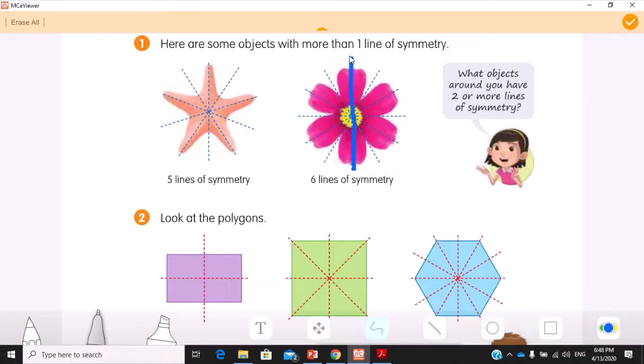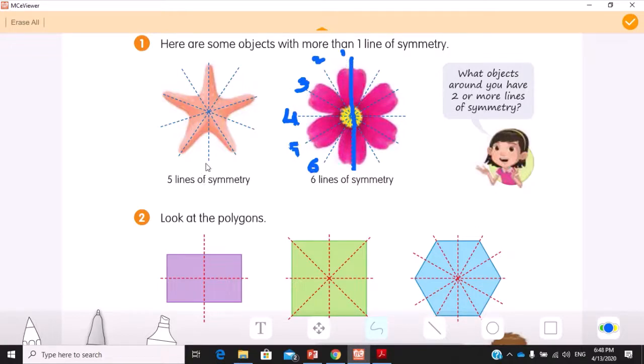Let's take a look. I made 1, 2, 3, 4, 5, 6. So I have 6 lines of symmetry in the divided piece of my flower.